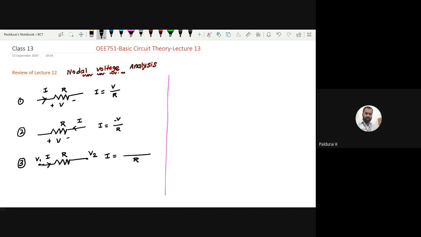But with two voltage sources, the flow is always starting voltage minus ending voltage, so V1 minus V2. Case number four: again the same V1, V2, R, but this time the current is flowing from right to left. Here also I equal to V by R as per Ohm's law, but since we are playing with two voltage sources, it is starting voltage minus ending voltage.